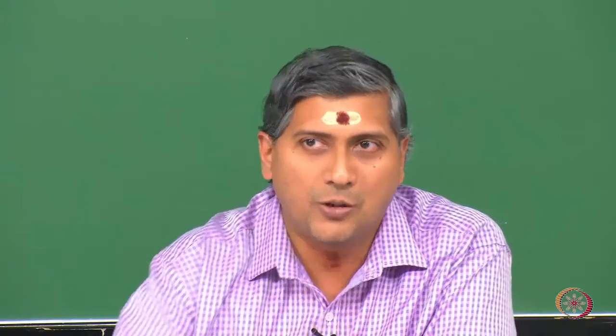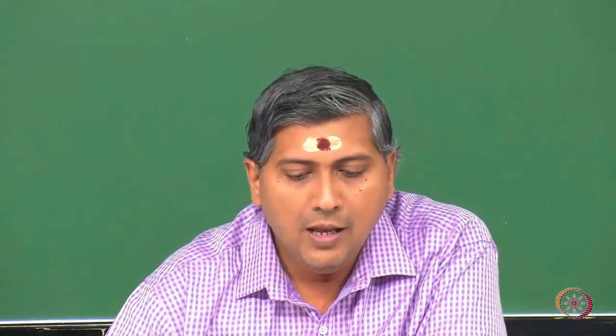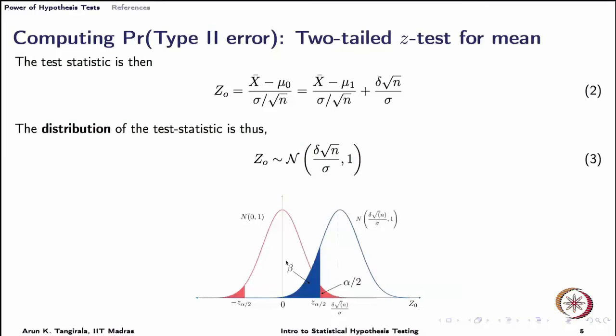Why do we assume that? Because we hold the null hypothesis to be true, whereas in reality it follows the distribution in blue. If you look at both graphs, they are the same in spread and shape, except that they have different means. The red one is centered around 0 and the blue one is centered around delta root n by sigma.